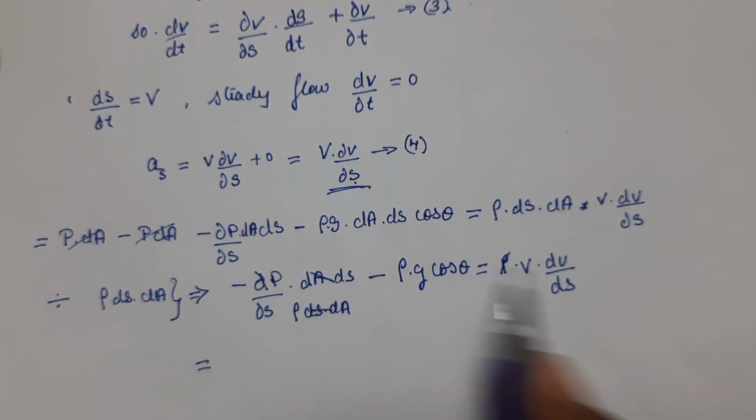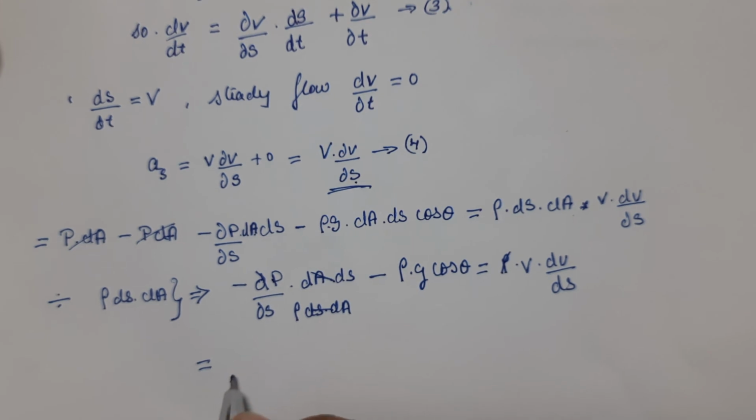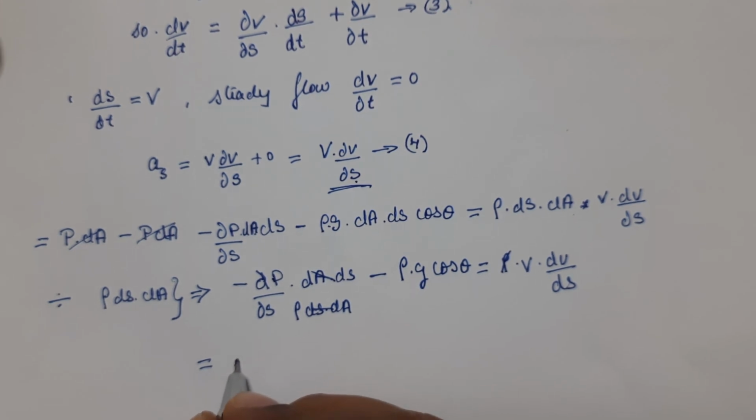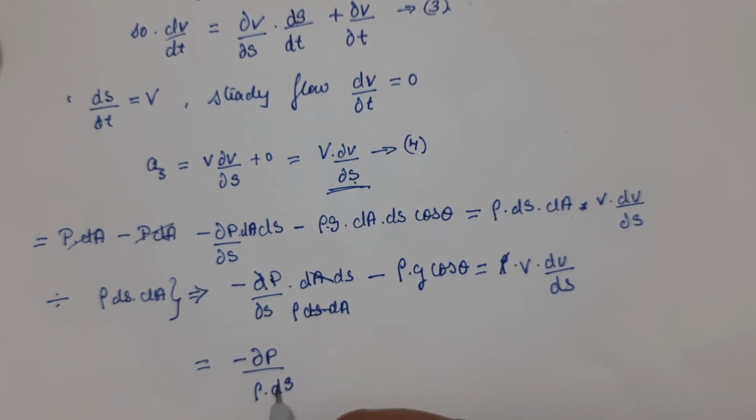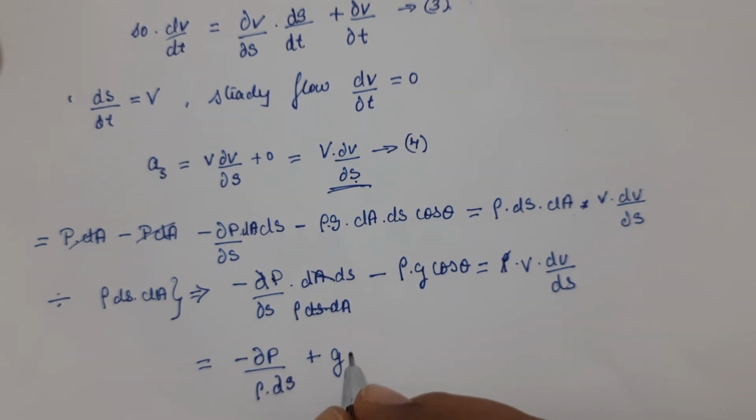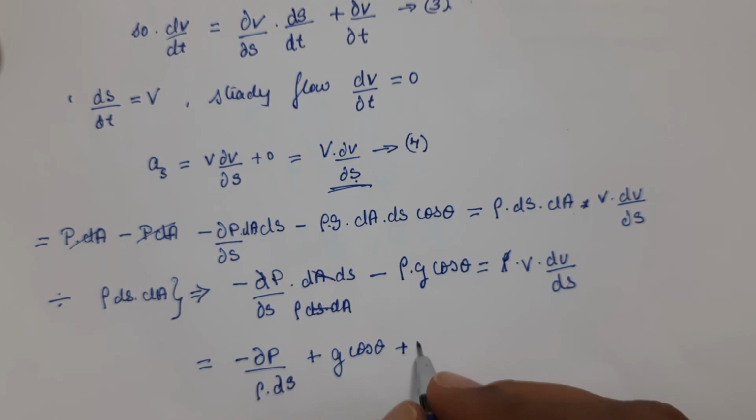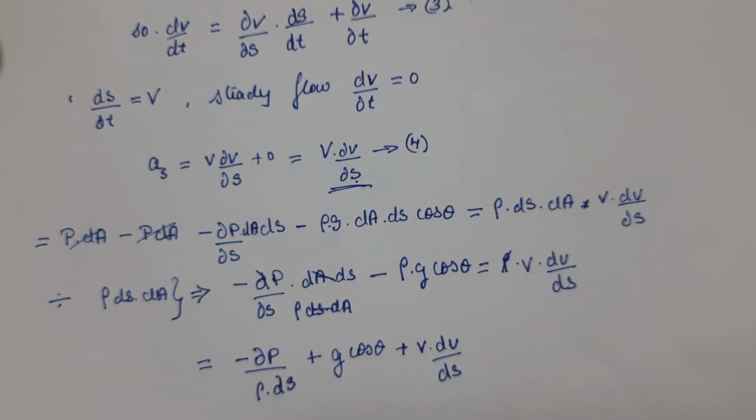You bring this to the other side, and then we can write this equation as minus dou p by rho dou s plus g cos theta plus v dv by ds, that is equal to 0.